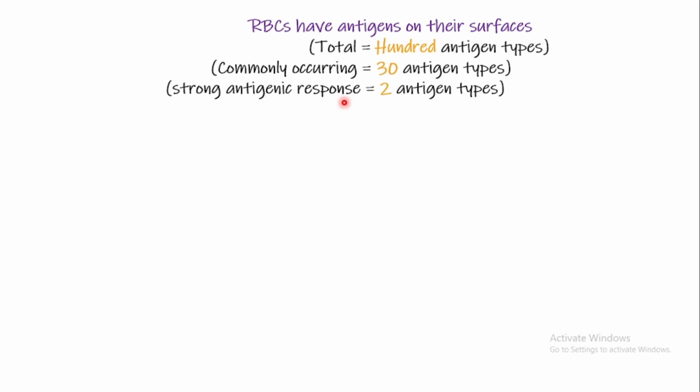So why are we studying the antigens present on red blood cells? This has clinical significance predominantly at one point, when any person needs a blood transfusion or someone is going to donate blood to another person. That's why we study these antigens present on the RBCs, and we have to know the blood group of a person.